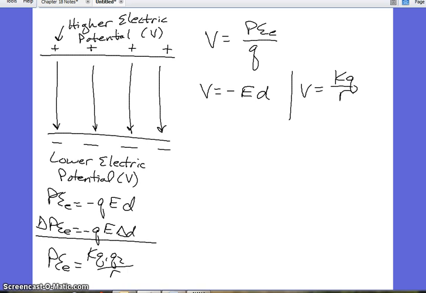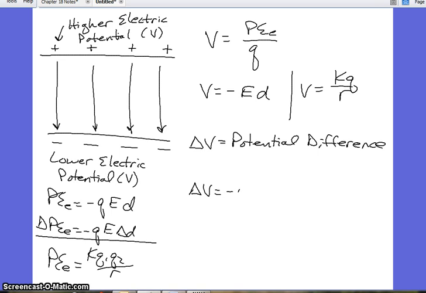Now again, like we said before, it's mostly the change in potential energy that's important instead of the potential energy itself. And it's the same situation here. It's the change in the electric potential, also known as the potential difference, that is more important than the electric potential itself. And so the potential difference would be the opposite of the electric field times the distance between the two plates.